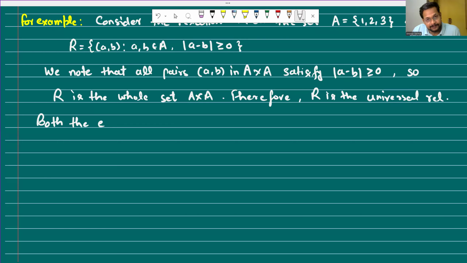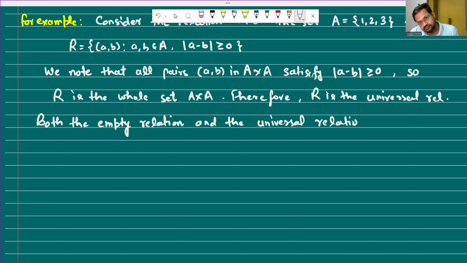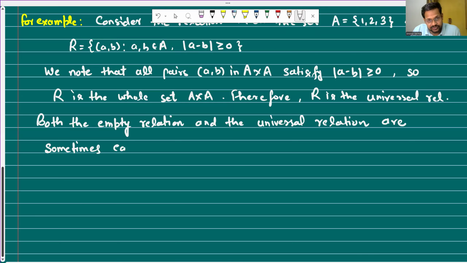So both the empty relation and the universal relation are sometimes called trivial relations. Okay, got it?